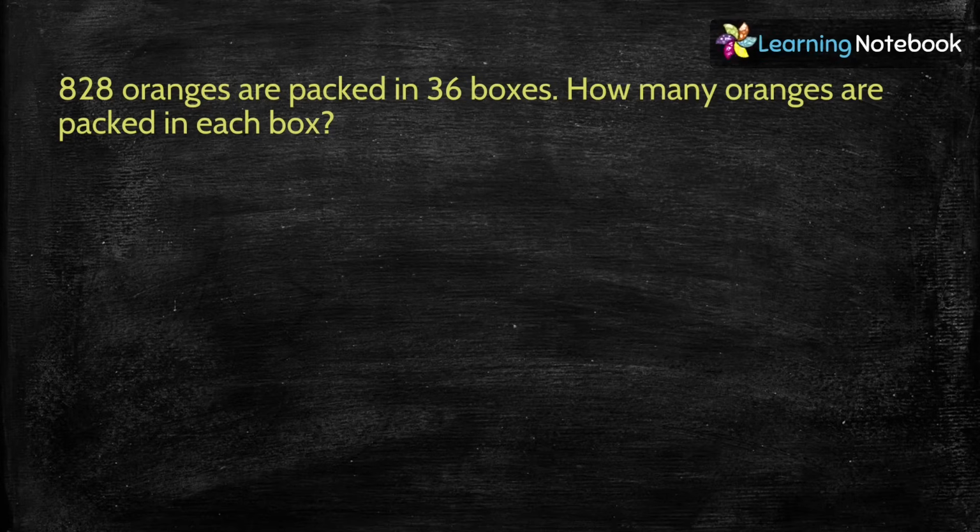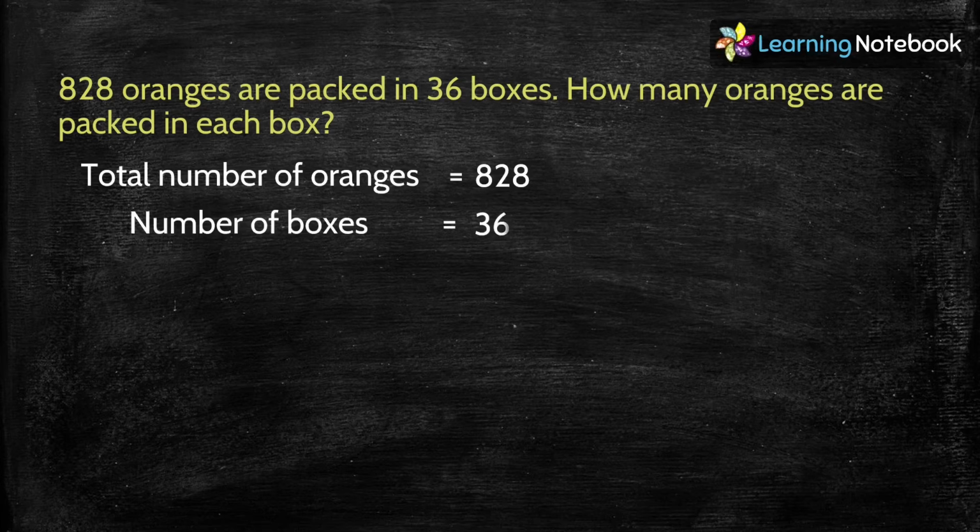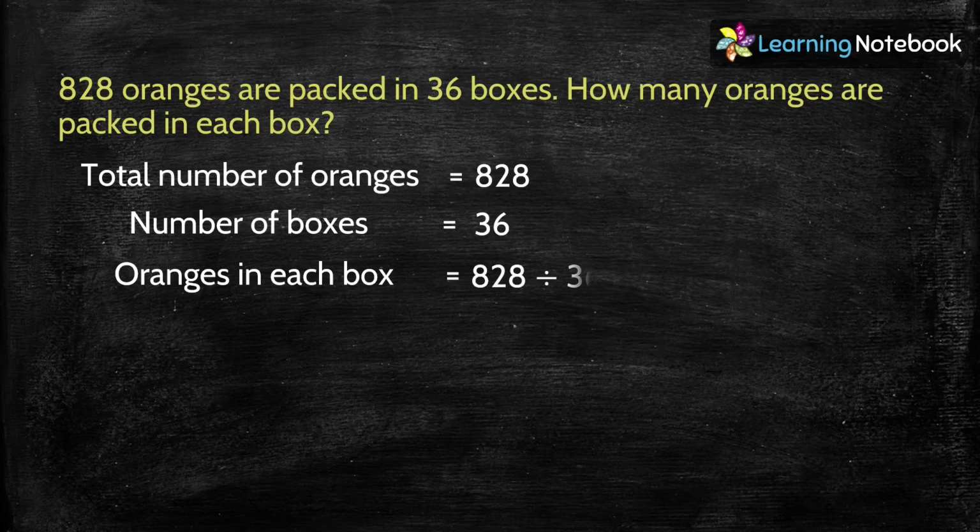Students, to solve any word problem, first we need to write the statements. So let's write them. Total number of oranges equals 828 and number of boxes equals 36. So to find oranges to be packed in each box, we will divide 828 by 36.